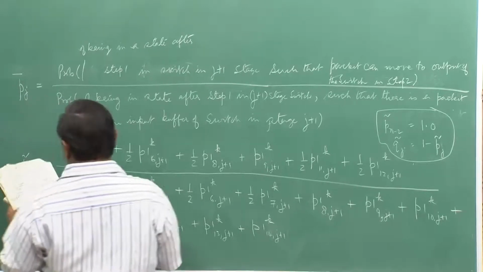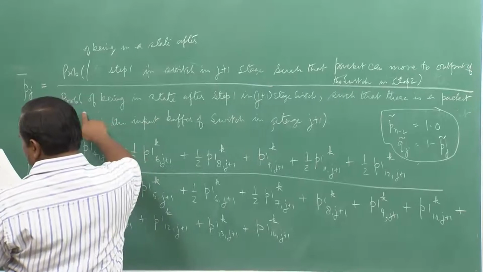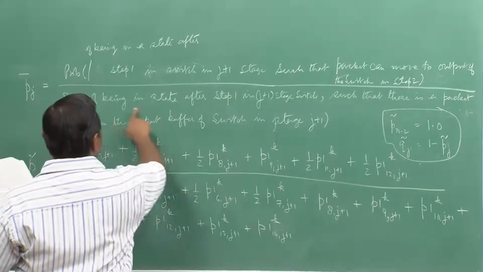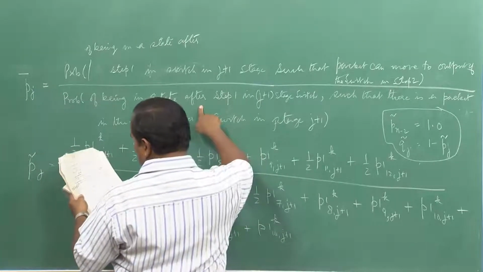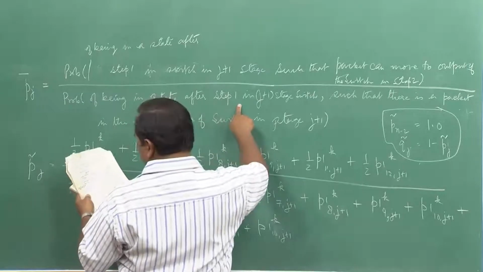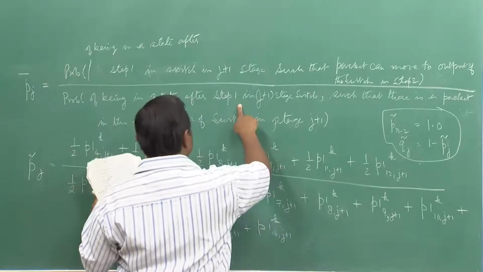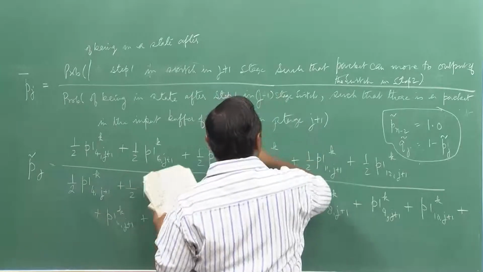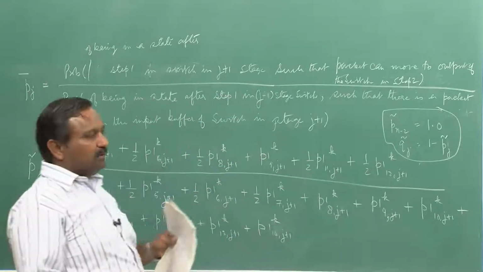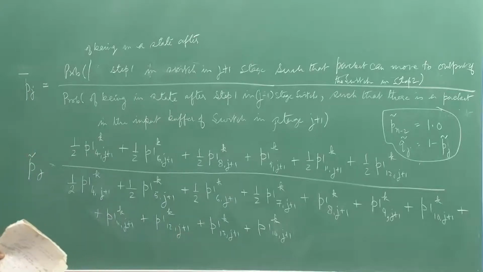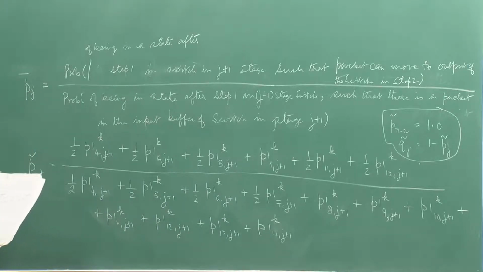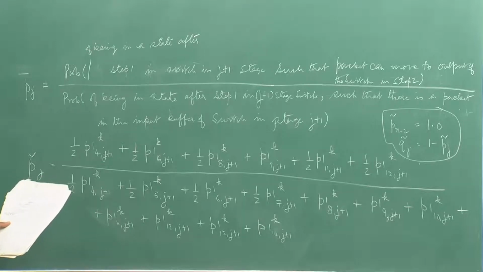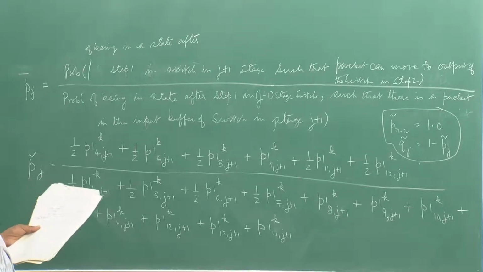So the probability of being in state after step 1 in the j minus 1 stage, this is the probability of arrival. Okay. So this is the probability that a packet from an input link at j minus 1 is placed in a buffer at the output link.